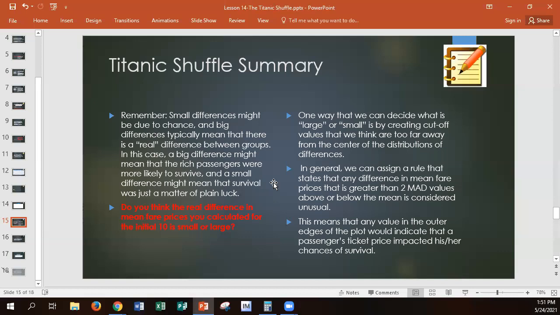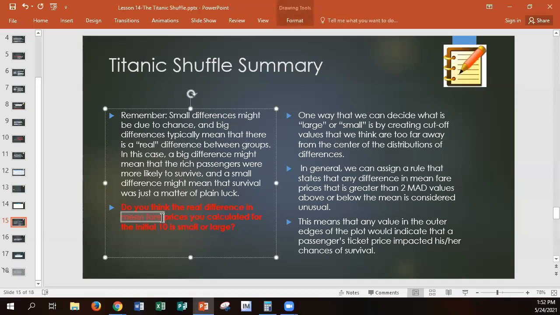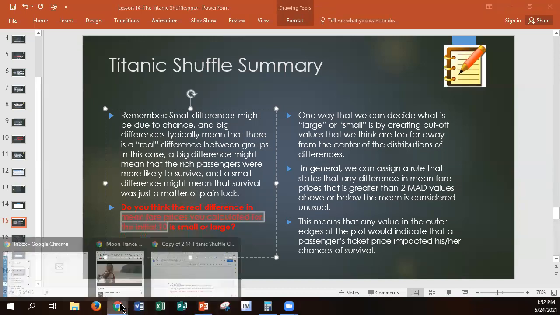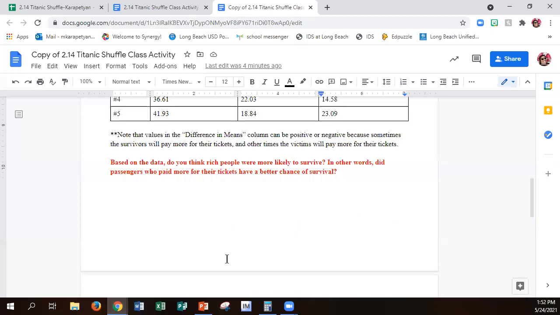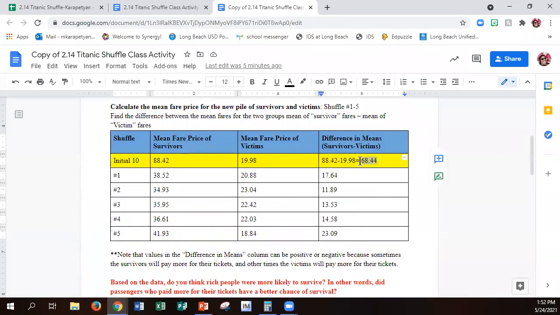Okay. So I want you guys to answer, do you think the real difference in mean fair prices you calculated for the initial 10 is small or large? This right here, the mean fair prices that you calculated for the initial 10, that's what we're talking about in this area right here. The difference in the mean for the initial 10.